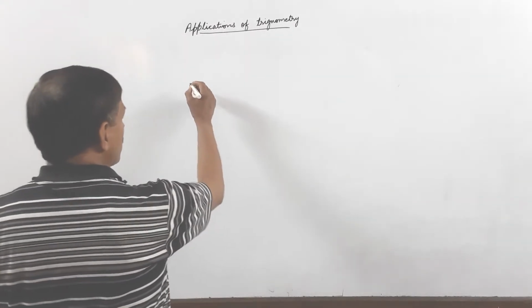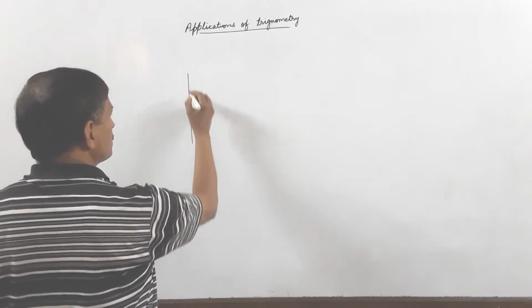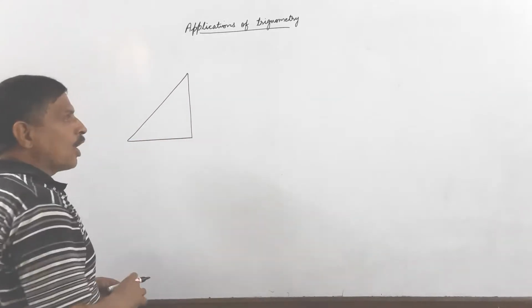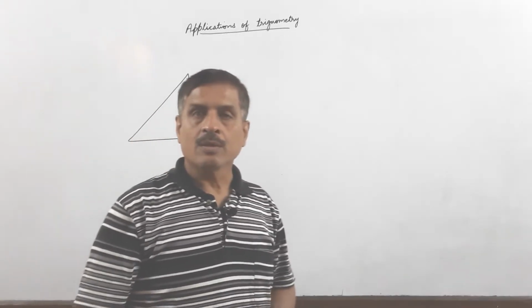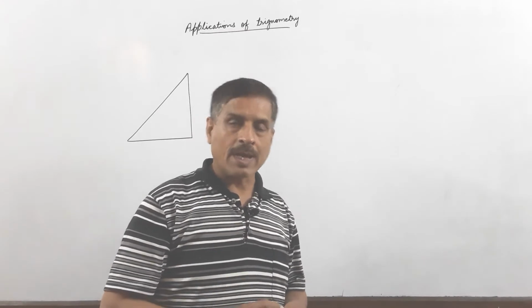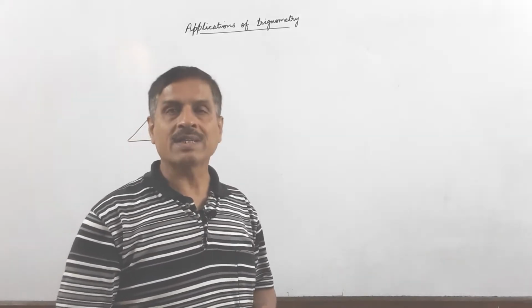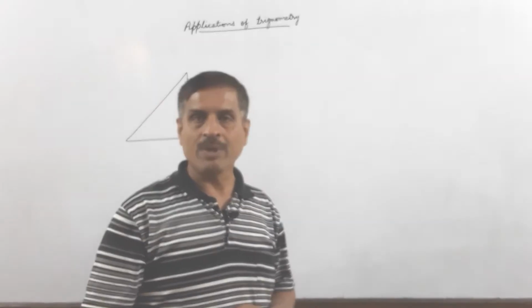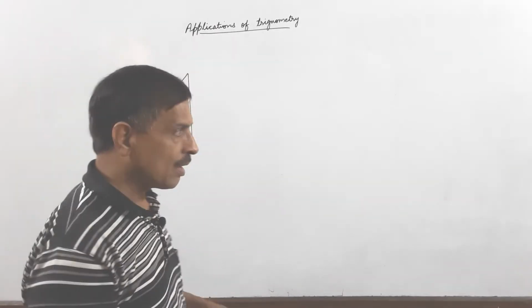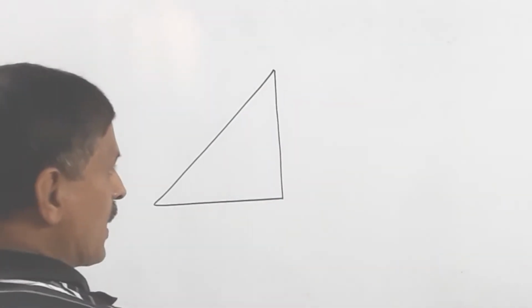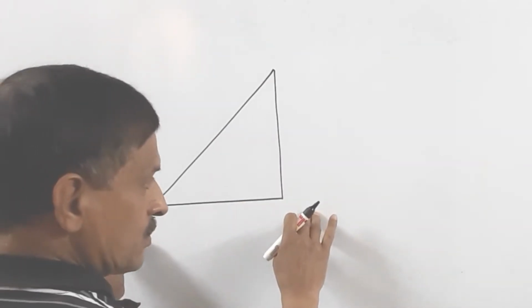In a right angle triangle, the object whose height is to be calculated, or its distance from the point of observation is to be calculated, is placed vertically at right angle to the ground or horizontal.